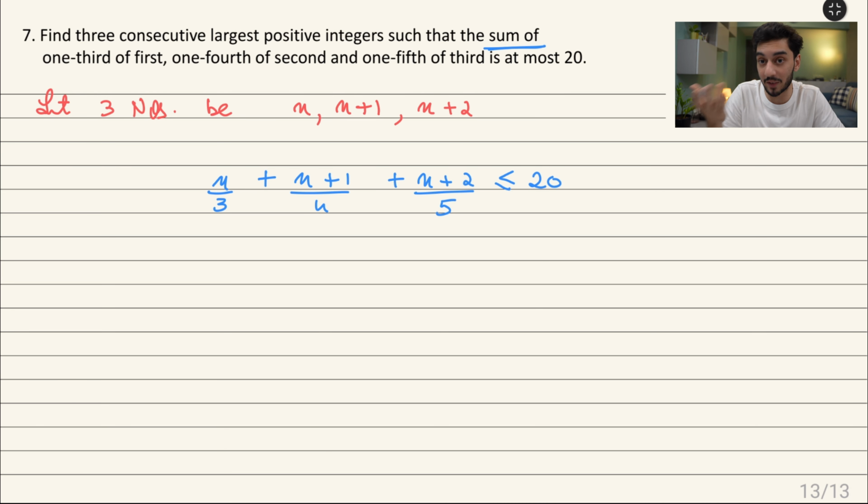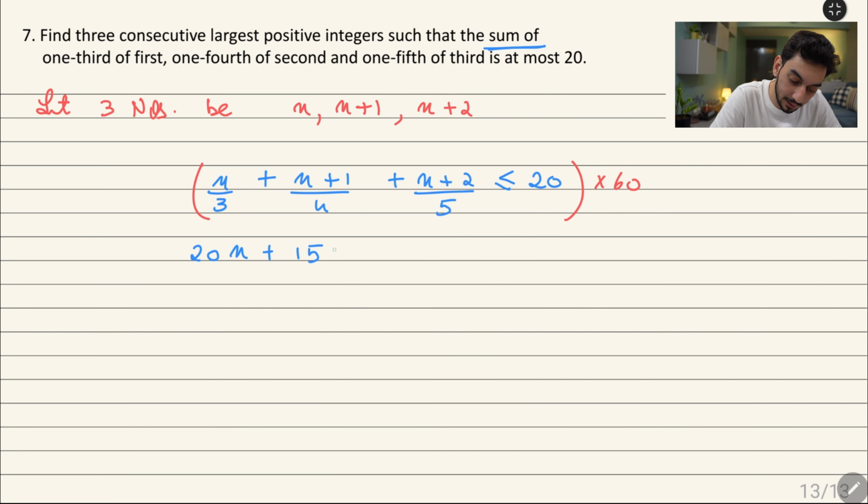Now I obviously don't like the denominators. I'll multiply it with the LCM. 3 times 4 is 12, 12 times 5 is 60, so I multiplied by 60. Now this thing becomes 20x plus 4 into 15 is 60, x plus 1, plus 5 times 12 is 60, x plus 2, less than or equal to 20 times 60, which is 1200.